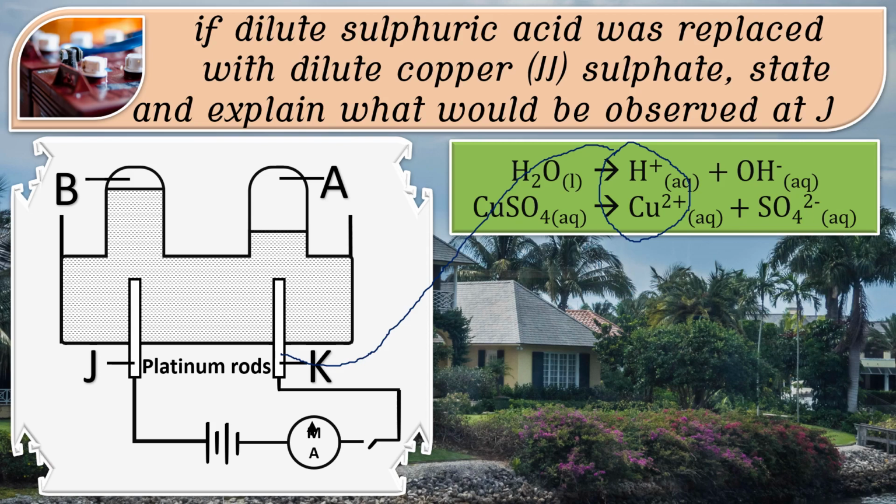But we also have the negatively charged ions, which we call anions, the hydroxyl ions and the sulfate ions. These, being negatively charged, will be attracted to the anode, which is positively charged. But not all of them are going to be discharged. One of them is the one which is going to be discharged. Which one of those is going to be discharged?